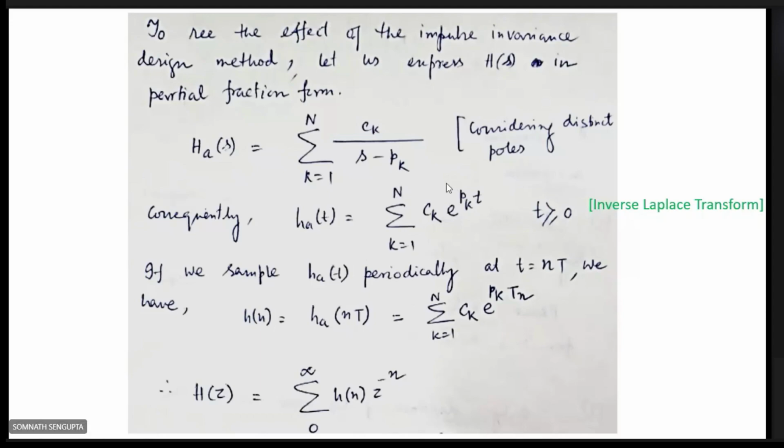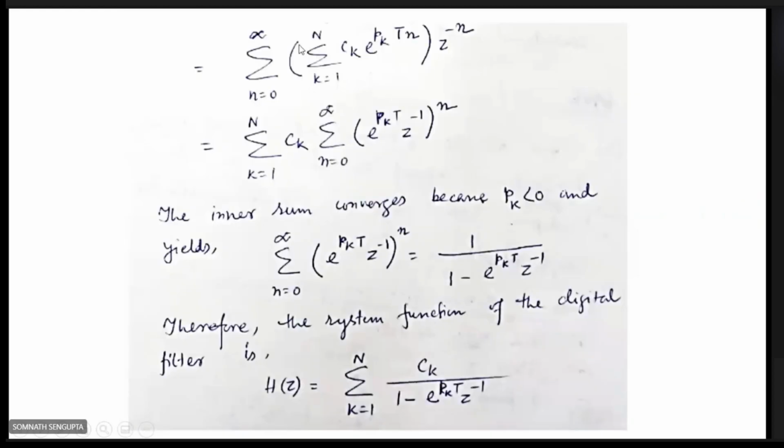Now H(z) is the Z transform of h(n). h(n) is calculated in this way, so just put h(n) over there. We get the summation k equal to 1 to n of Ck e to the power pk nT, whole into z to the power minus n.